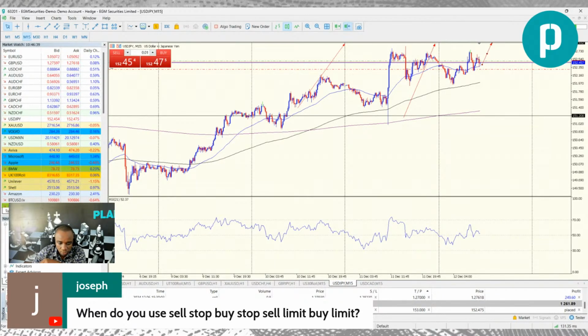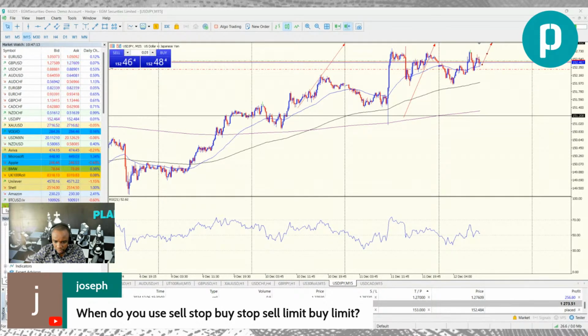Now, when this trade comes to maybe 153, this is where you use the sell limit order. You come here and say, when this trade gets to my take profit target 153, I'll be looking for a sell. Maybe I will not be available, maybe I'll have gone somewhere. So come here and say a sell limit order: trading, new order, go to pending order, set out a sell limit, maybe 153. Stop loss will be above, maybe 153.20.